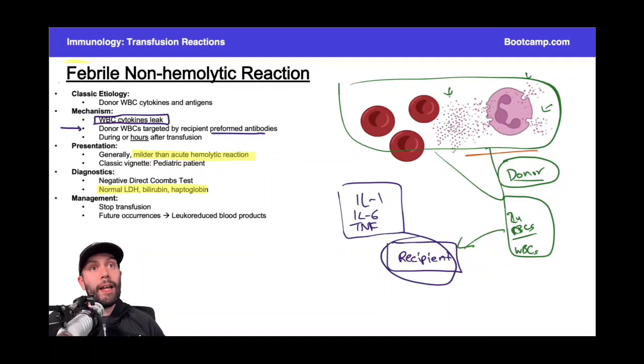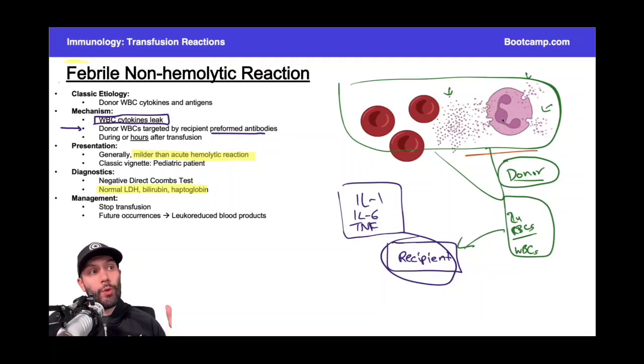If I did have antibodies against my donor's white blood cells, then I might mark these for destruction, and when I destroy them, I might get a cytokine leak. Okay, so it's a similar concept, but the thing that would be different if they asked a question about this, which I don't think they would, is that in these situations, you may actually get a positive Coombs test if you're looking for that specific antibody that bound to the white blood cell. Again, pretty much beyond the scope of step 1.